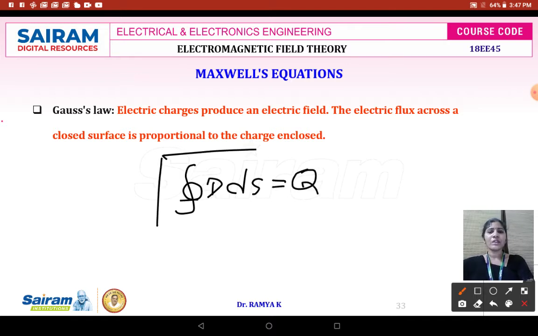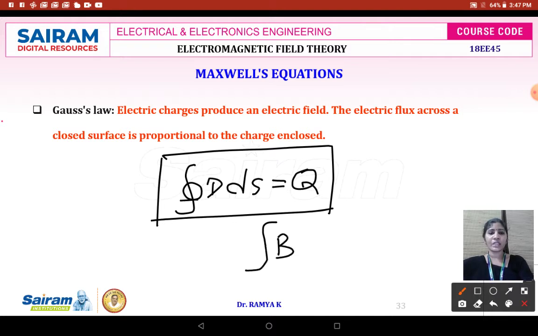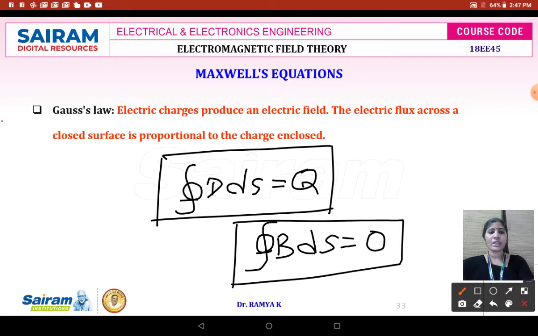This is Gauss's law in electrostatics. In the same way, Gauss's law for magnetostatics states that the magnetic flux density coming out from any closed surface is equal to 0.